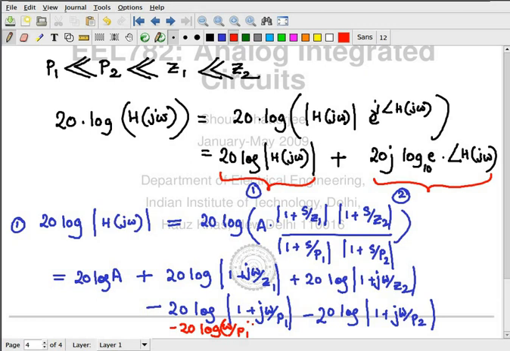So this slope between omega and the gain is negative 20 dB per decade. Every time you multiply omega by 10, the gain drops by 20 more dB.